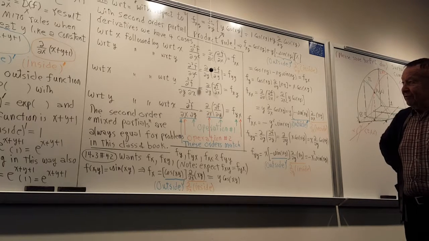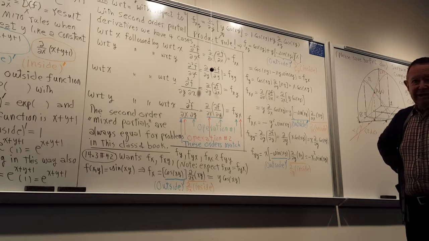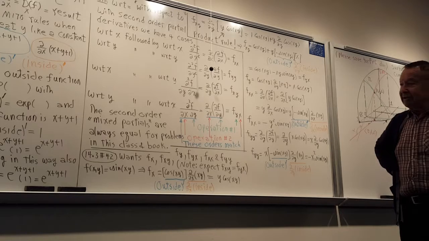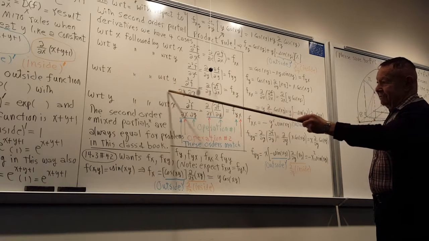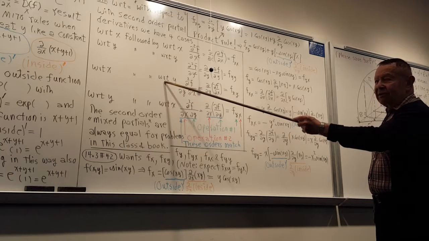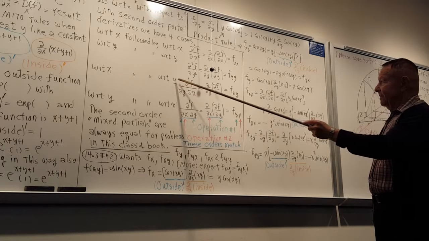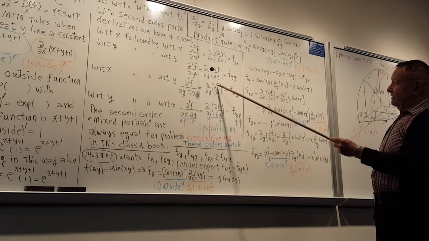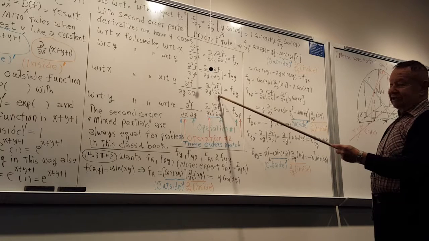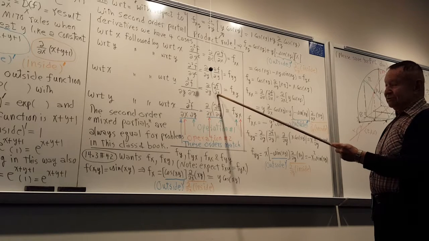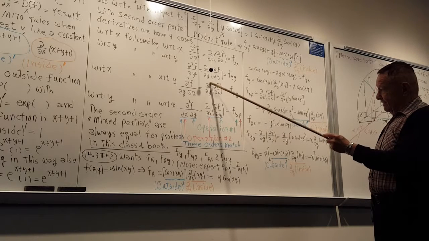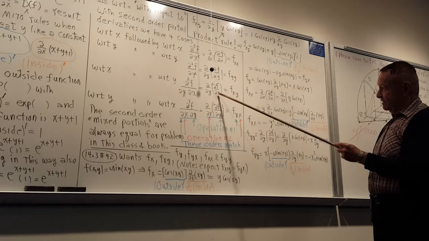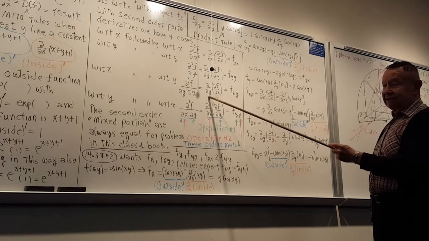Now, there's a little bit of a problem with the symbolism for what we call the mixed partials. See, you could do the partial with x, and that's a new function, and then do the partial of that with y. So what you're doing, say in the center here, you're doing the partial with x, getting that new function, then it's partial with y, so it's x first and y second.